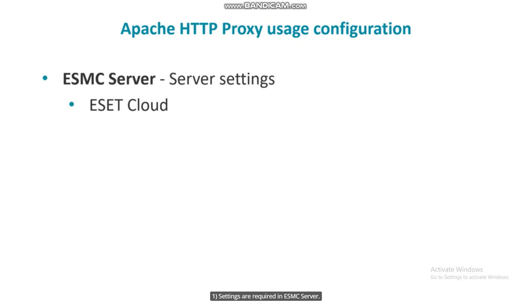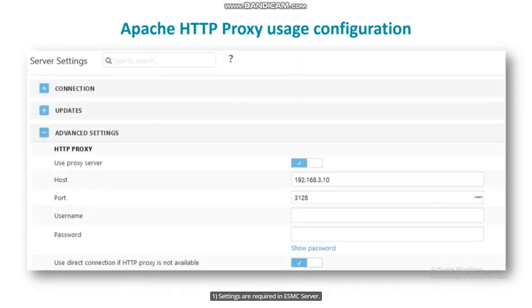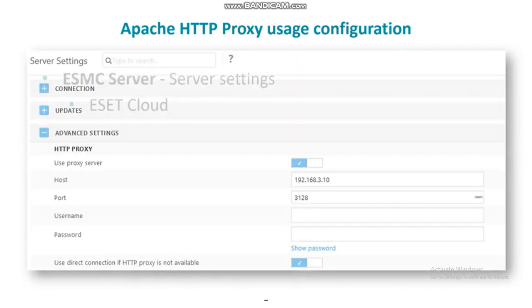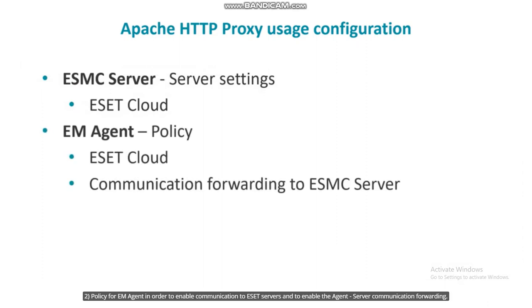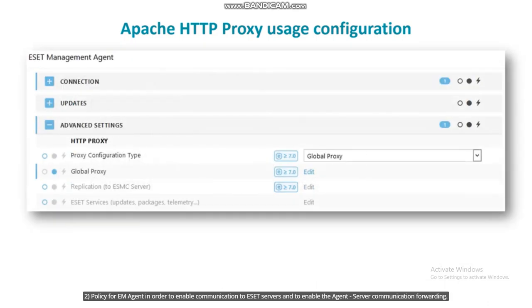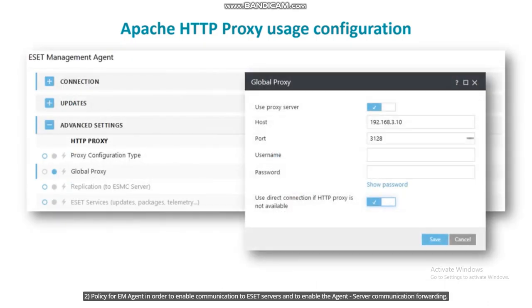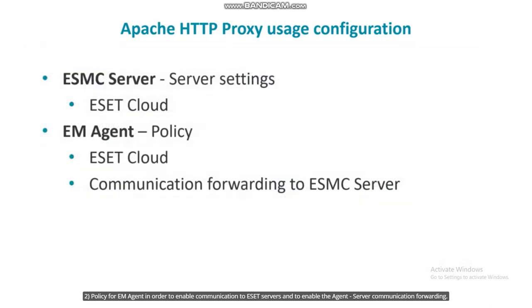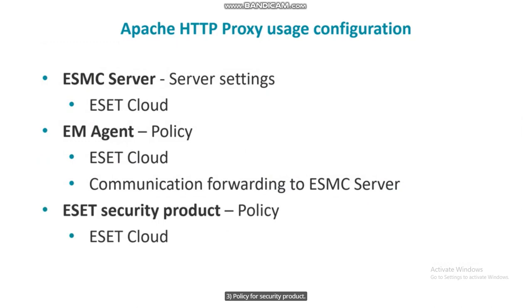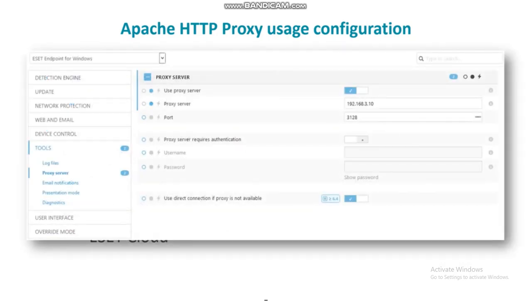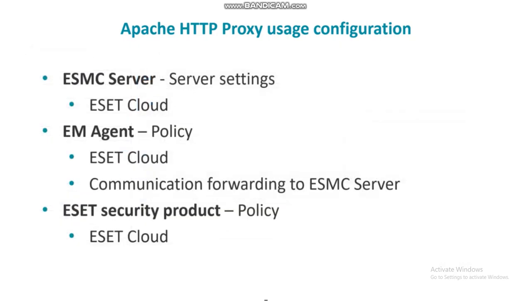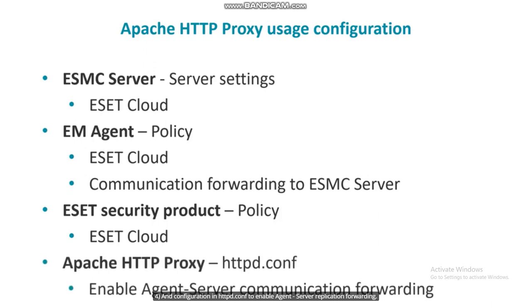Settings are required in ESMC server, a policy for the EM agent in order to enable communication to ESET servers and to enable the agent-server communication forwarding, a policy for the security product, and configuration in httpd.conf to enable agent-server replication forwarding.